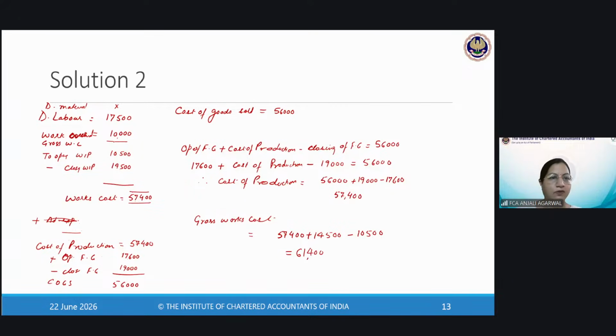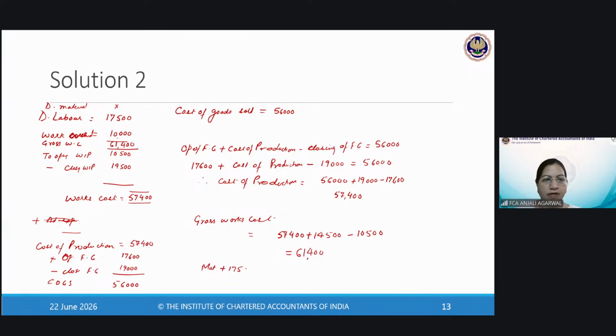This 61,400 is after adding direct material, direct labor, and works overhead. We don't have the material information, but the rest is there.